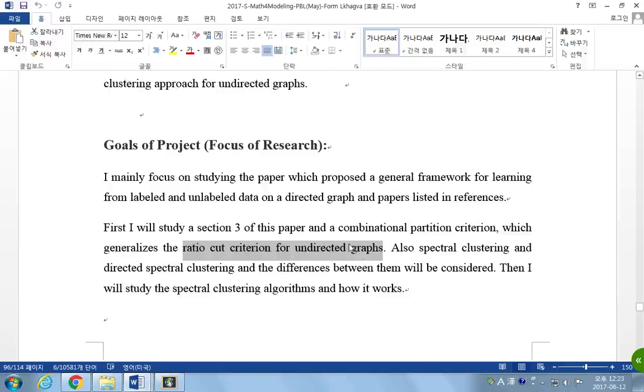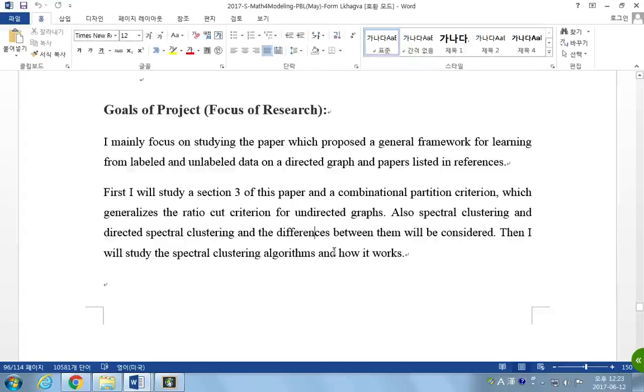Today I introduce this part, and also spectral clustering and directed spectral clustering and the difference between them will be considered. Then I will study the spectral clustering algorithms and how they work.